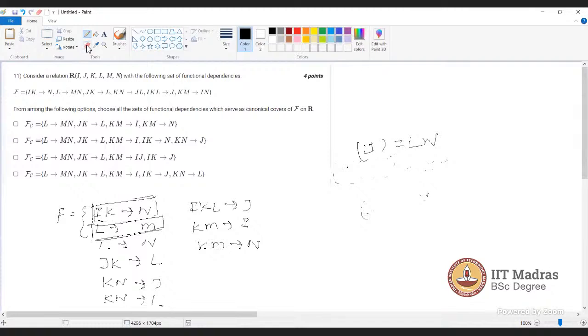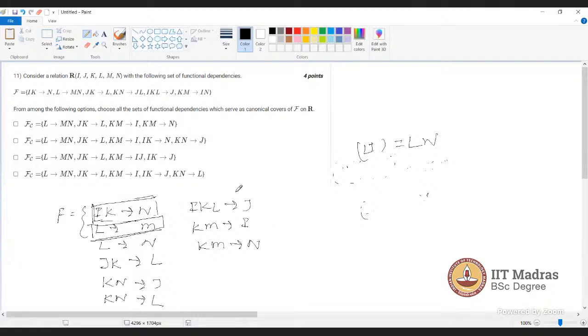Got it? Excuse me, sir. Should we not remove all the extraneous attributes first? You see, IKL to J. If you remove L, you get IK to J, and from J you get N. So IK to N then becomes redundant.